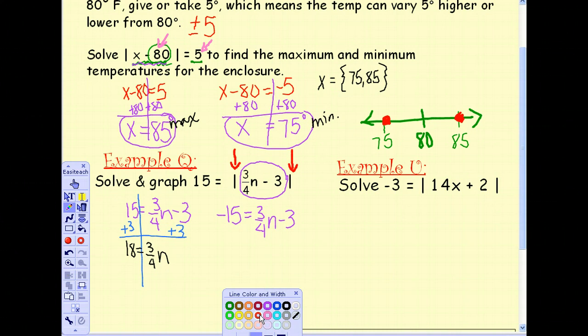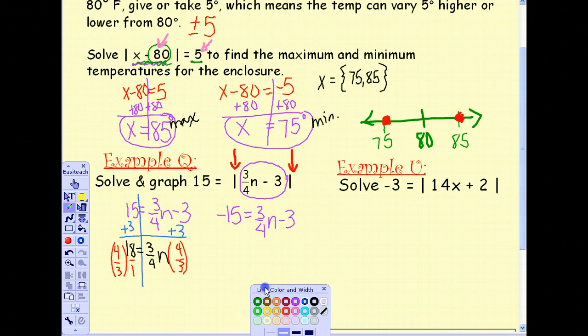Now we have a fraction times the variable. When we have a fraction times the variable, we need to multiply by the reciprocal. Okay, and we're going to make this 18 over 1. There's a little bit of simplifying that can be done. The 3 and the 18 simplify to a 1 and a 6.